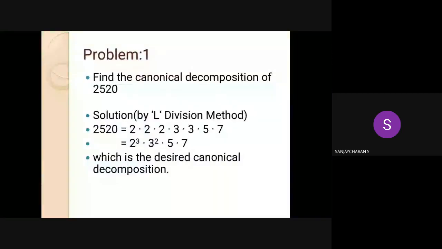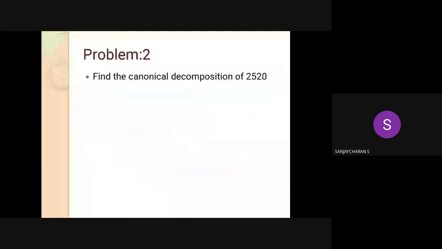This is the division method. There is another method for the same problem. First I write the given number 2520 as a product of two integers.